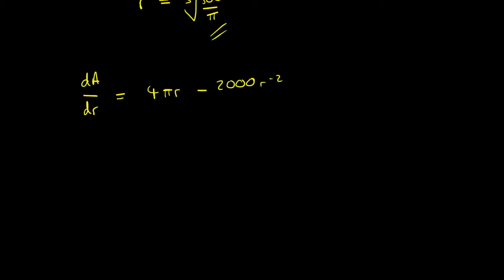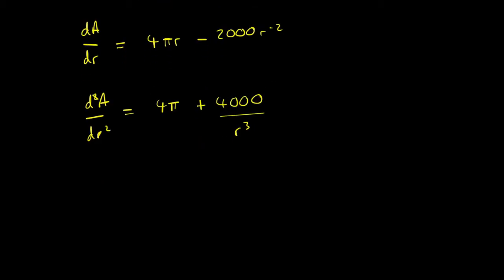And if we differentiate this again to get the second derivative, d2A dr squared, then what we're going to get here is 4 pi plus 4000 r to the power of negative 3, which is the same thing as 4000 upon r cubed. Now, the key thing to remember about the second derivative is that it tells us whether we've got a maximum or a minimum.